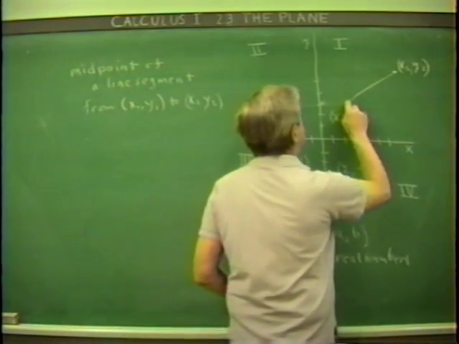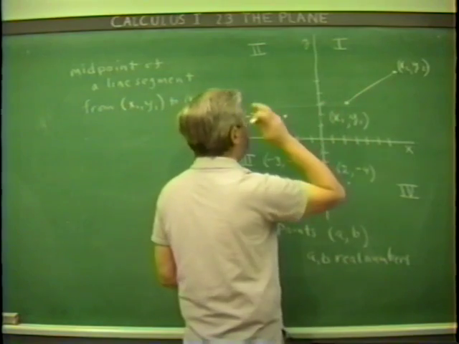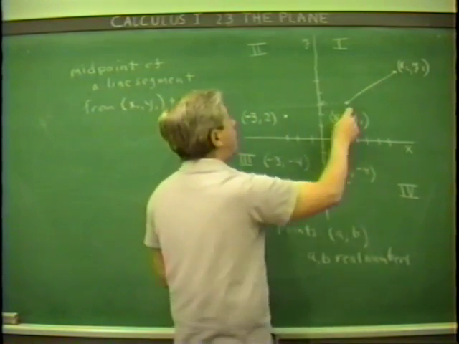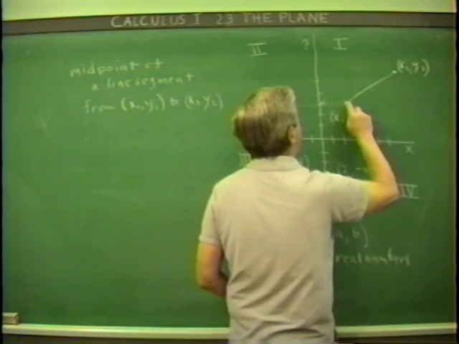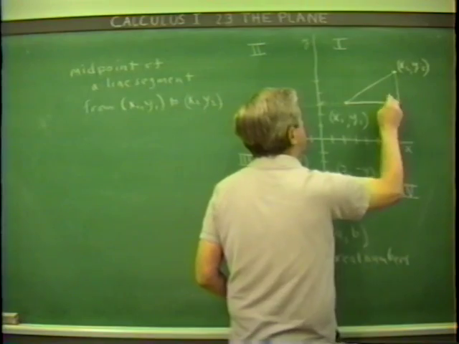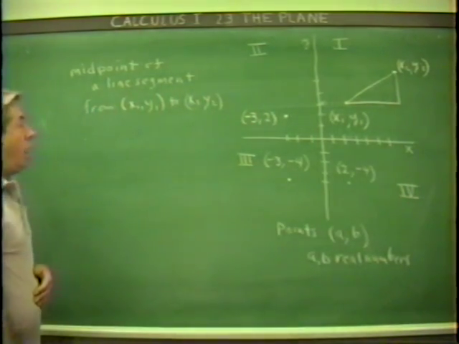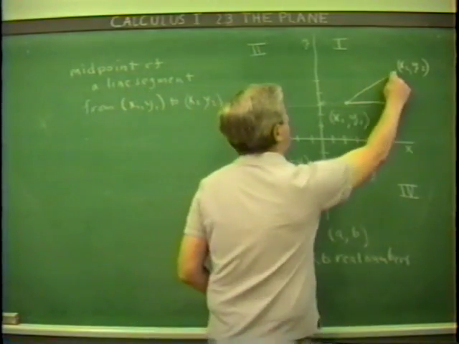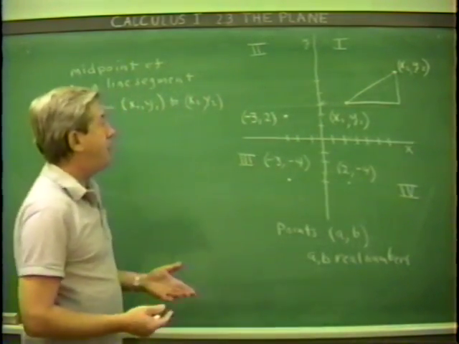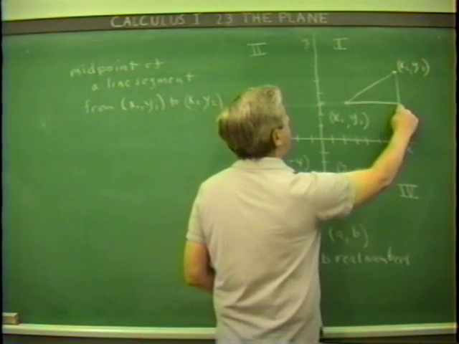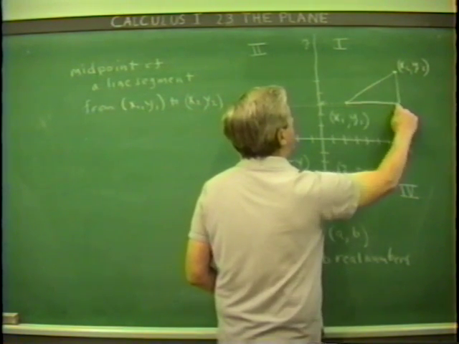Well, while I'm drawing this over in the first quadrant, this picture is perfectly general, no matter where the points x1, y1, and x2, y2 are located. What we wish to do is to construct a triangle here with this line as its hypotenuse. Now, there is a possibility, of course, that this line be either horizontal or vertical.